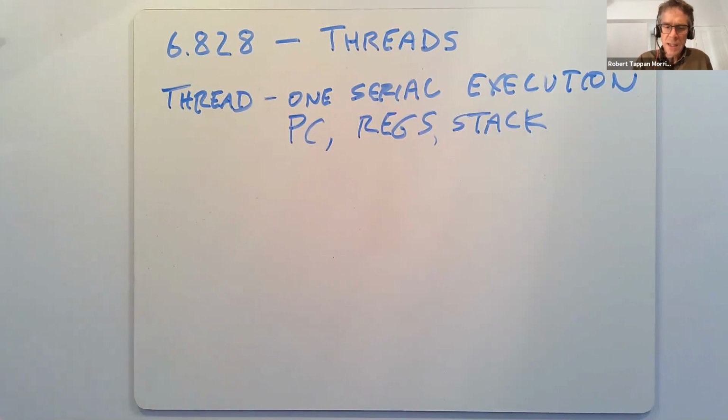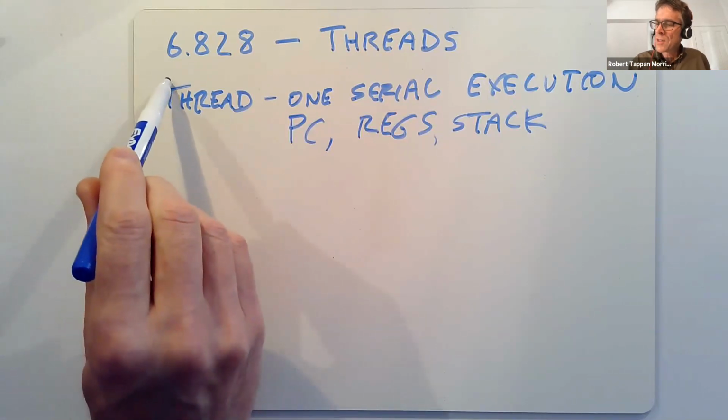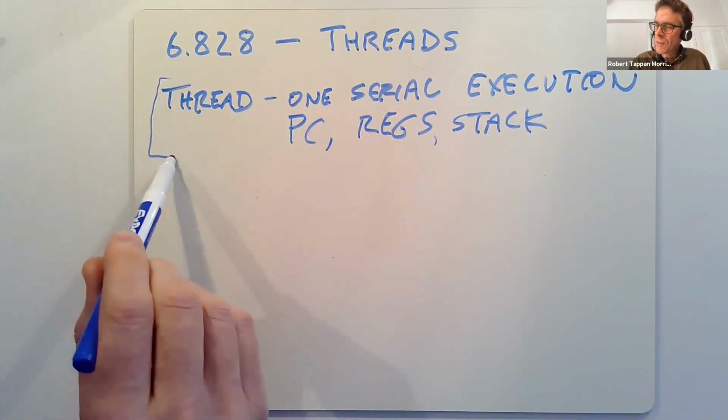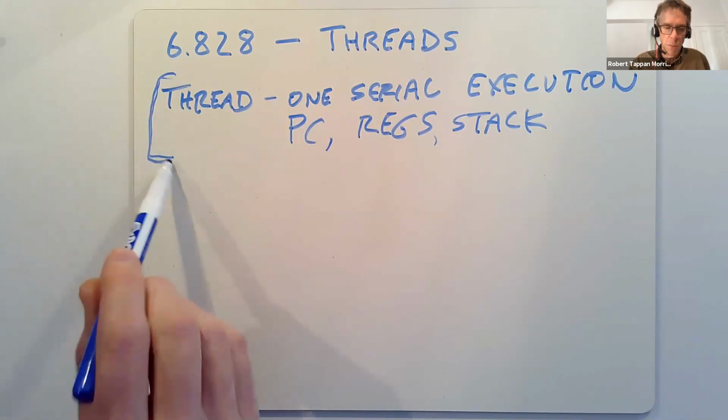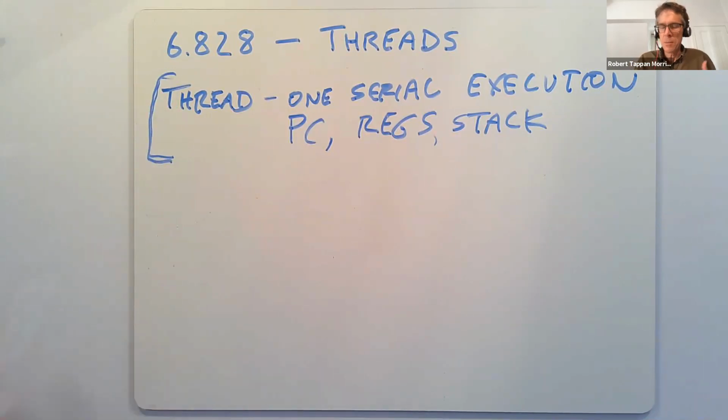And XV6 includes a threading system inside it. What a threading system does is manage and automate the interleaving of multiple threads. We'd like to be able to fire up 2 or 4 or 100 or 1,000 threads and have the threading system figure out how to juggle all those threads and cause them all to make progress and all to execute.